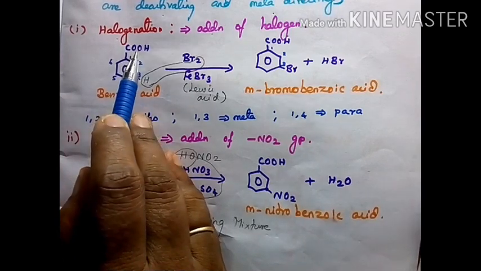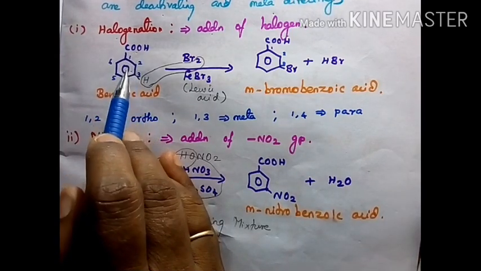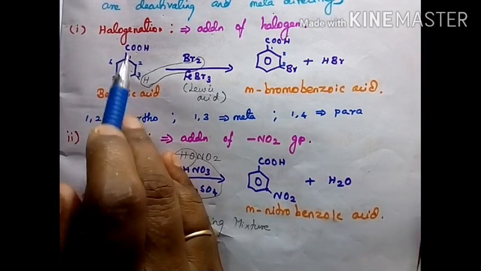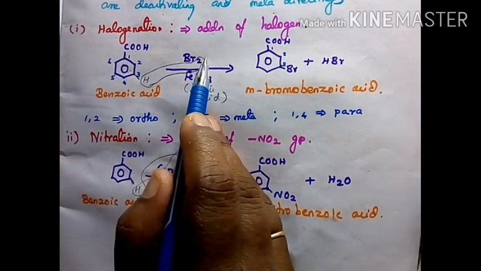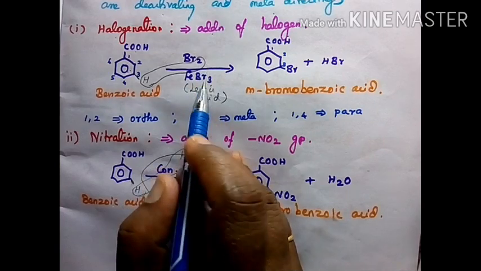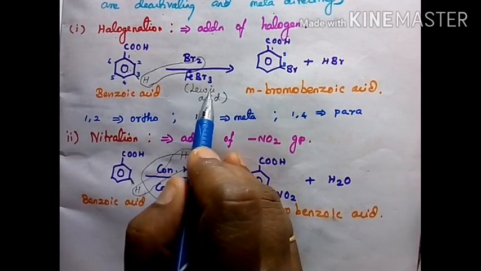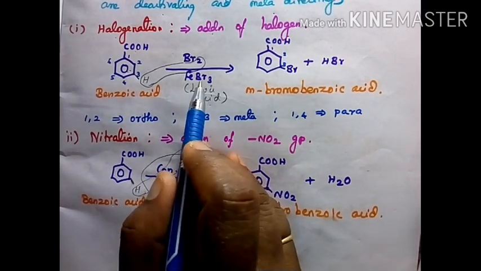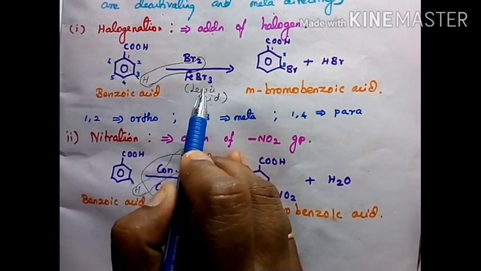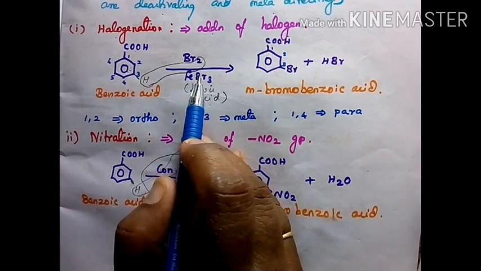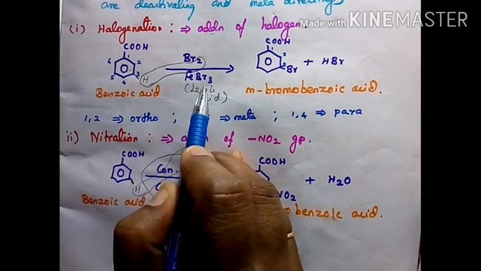Here the carboxyl group, that is the COOH group, is directly attached to the benzene ring. This type of halogenation takes place in the presence of a Lewis acid, that is ferric bromide. If chlorination takes place, then ferric chloride; bromination means ferric bromide.